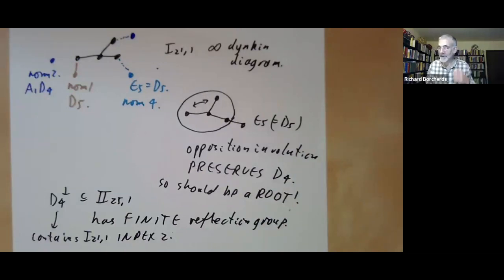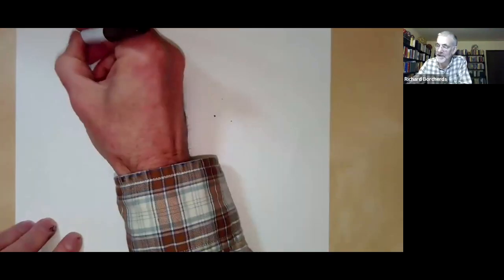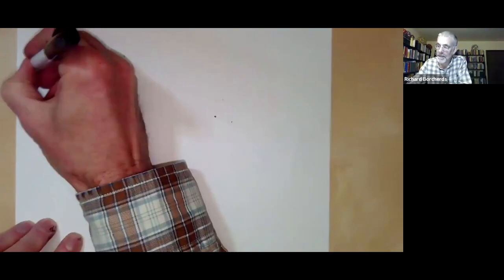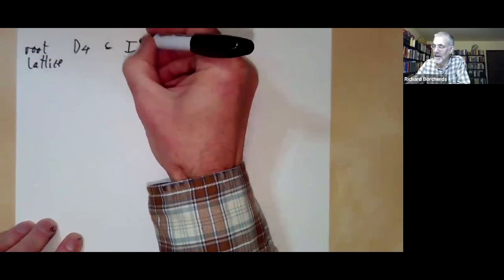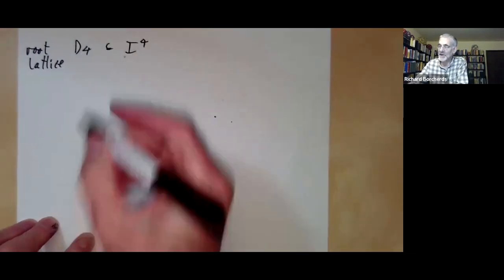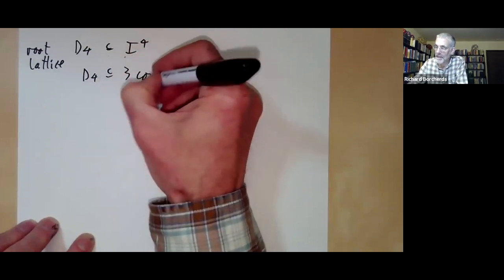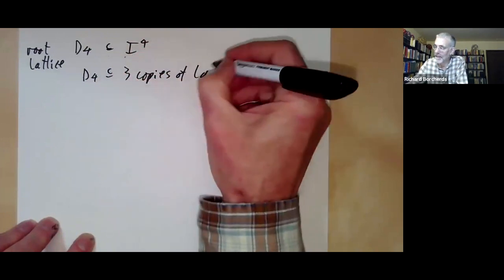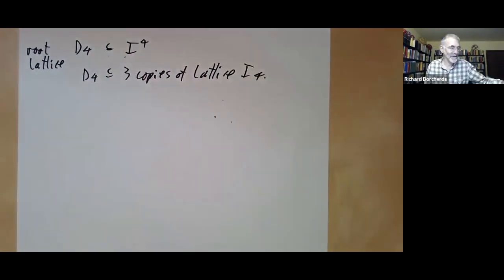This is actually related to triality of D4. We notice that the root lattice D4 is contained in the lattice I4, but it's actually contained in three different copies. This is the famous triality symmetry of D4. And this turns out to be related here.